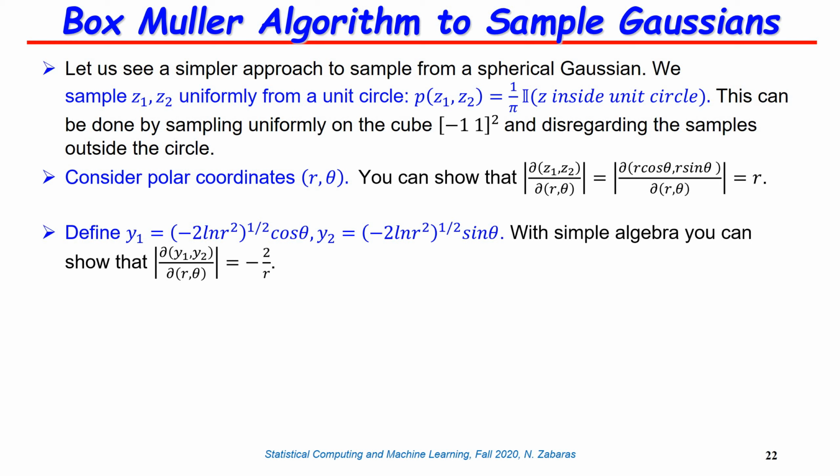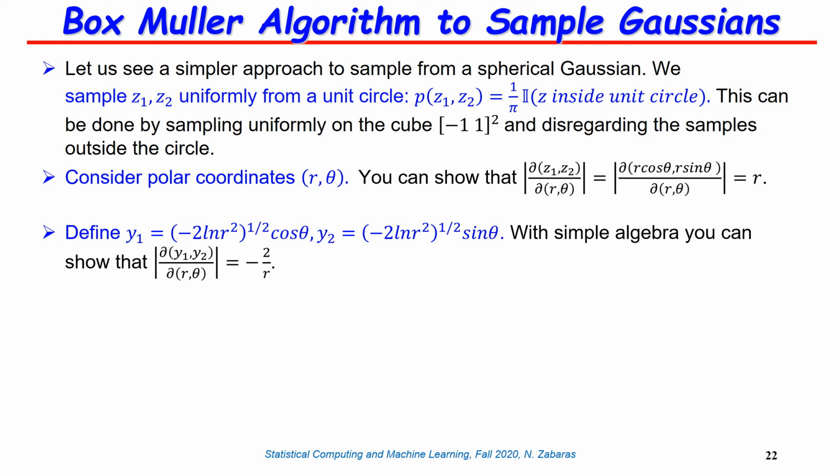And you can actually show that the Jacobian of the transformation that you see here is equal to minus 2 over R. So if you take derivatives of y1, y2 with respect to R and theta, and you form this Jacobian, you take the determinant, it turns out to be minus 2 over R.